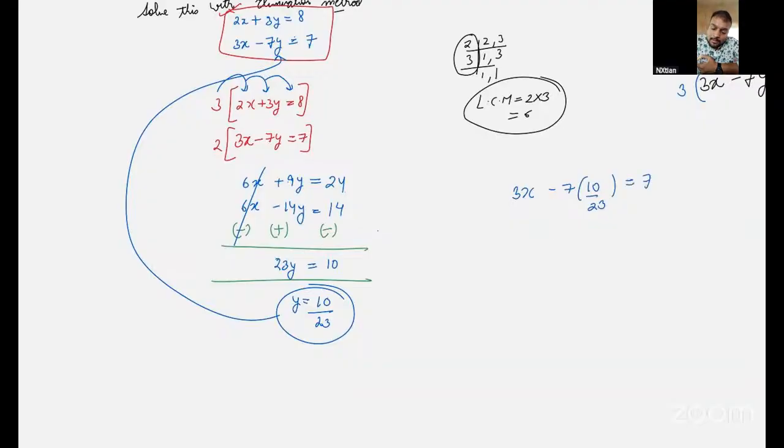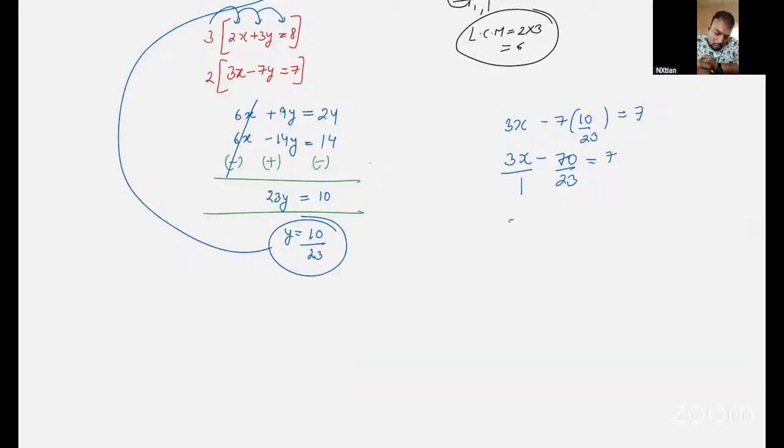So this will become 3x minus 70 upon 23 is equal to 7. Now the denominator is 1, I have to make the denominator the same. How will I make it? It will become 23 into 3. What is 23 threes are? 69.